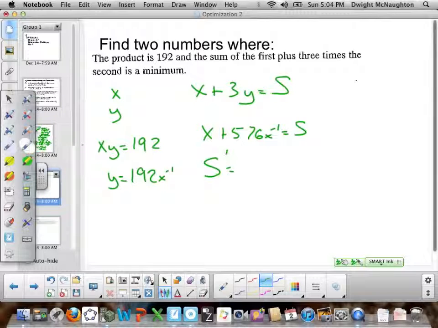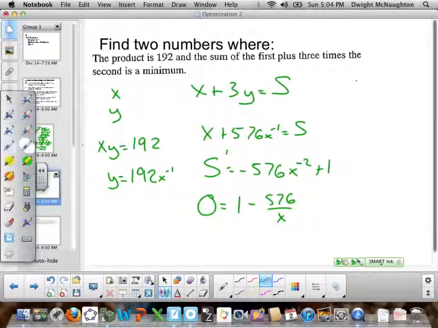S prime equals negative 576 x to the negative 2 plus 1. Set that equal to 0. 0 equals 1 minus 576 over x squared. Multiply top and bottom by x squared. So we got 0 equals x squared minus 576 over x squared.